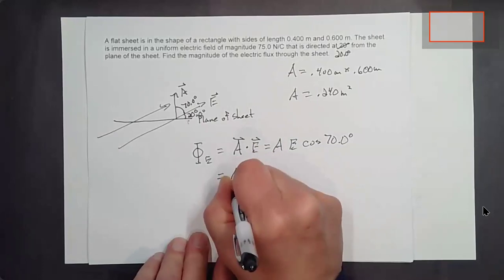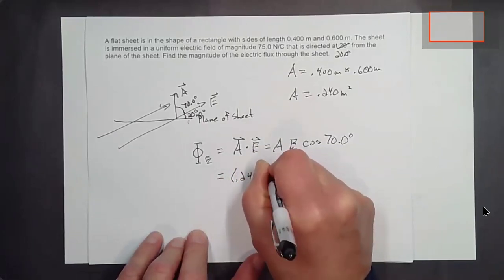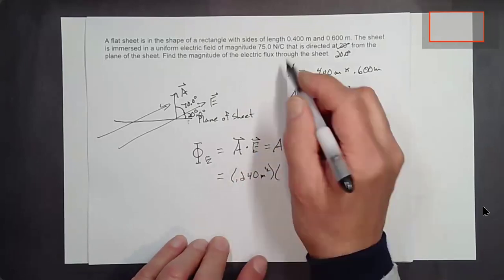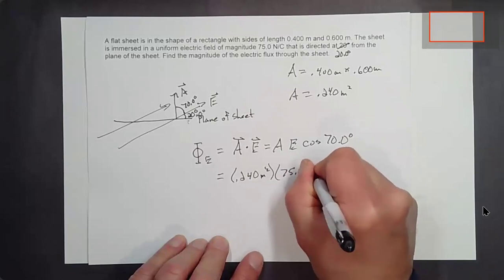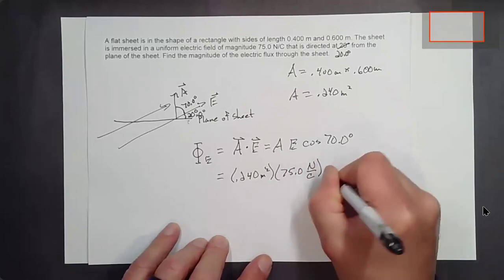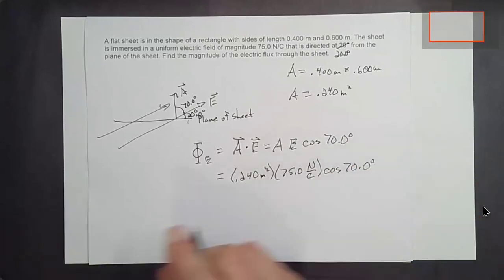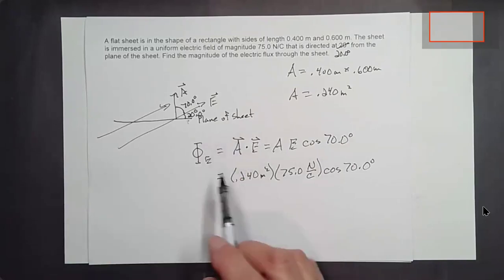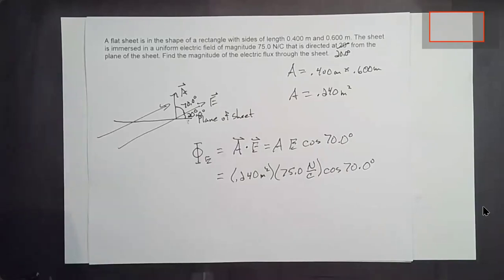So 0.240 meters squared times electric field strength was 75.0 newtons per coulomb, and then the cosine of 70.0 degrees. The actual number isn't particularly important. It was just figuring out this expression and drawing the geometry that let us figure that out.